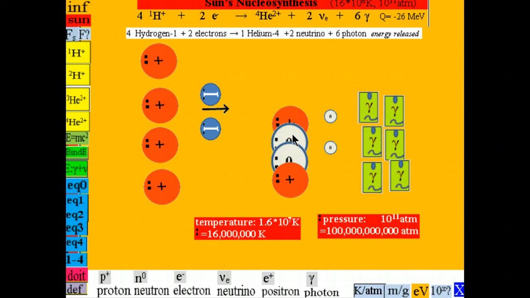So where do the neutrons come from? And then you have also 2 neutrinos. We don't have any neutrinos on the left-hand side. And then you have 6 photons. Where do these 6 photons come from? That has to be explained.